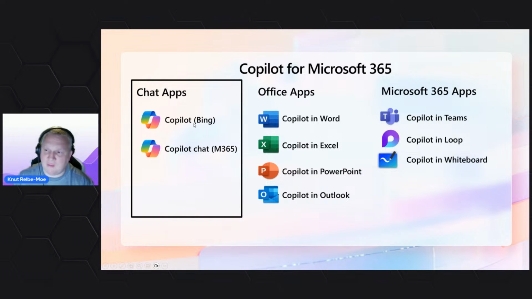In my opinion, you have the Copilot inside of Bing, which is Microsoft.com/Copilot, or you can go into Copilot Microsoft.com in the browser, and we will also look at what is possible within Edge as the browser. Then, of course, you have all the other nice Copilots over here, but the nice and beautiful thing about the ones over here is that you can have it for free even without having a Microsoft 365 account.